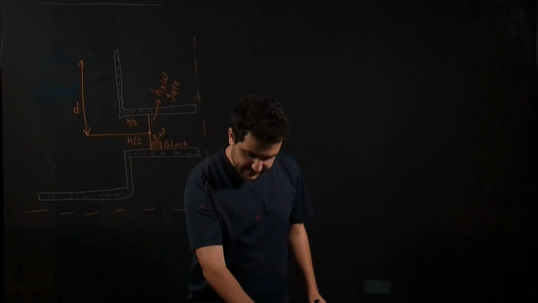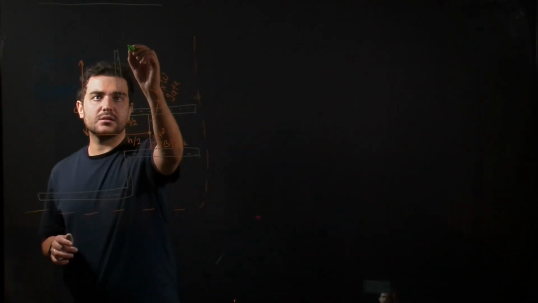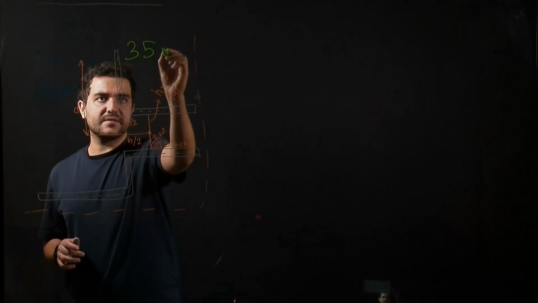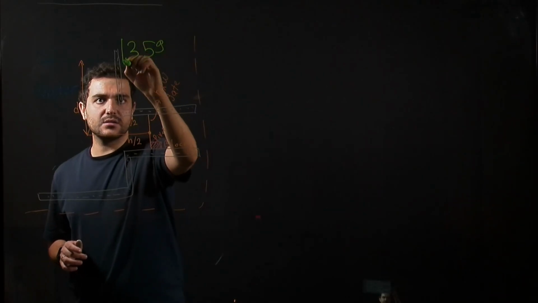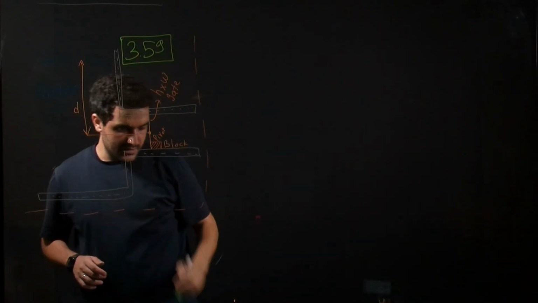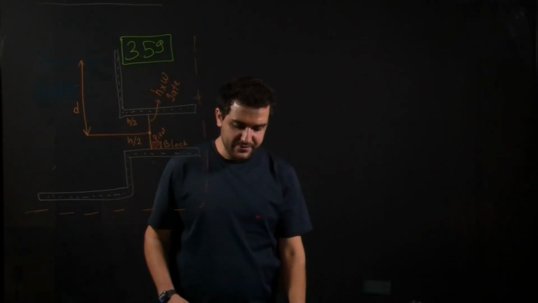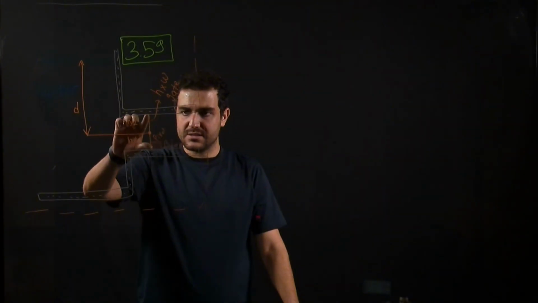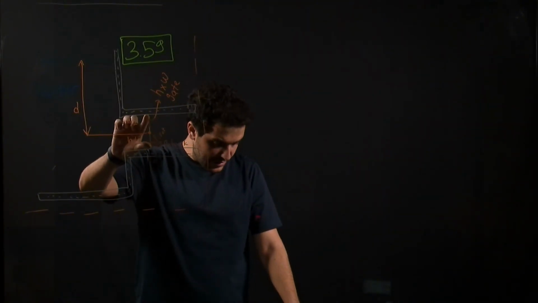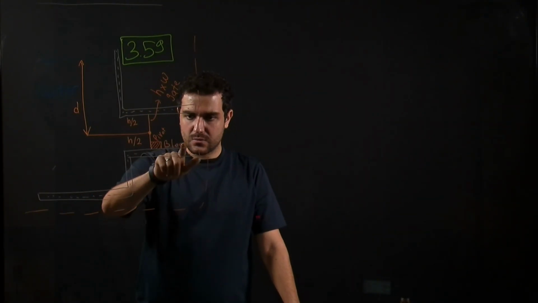This is question 4 and this is 3.59. First, let me read the question. We need to find the force of the gate, which is this one, on the block. The block is here.